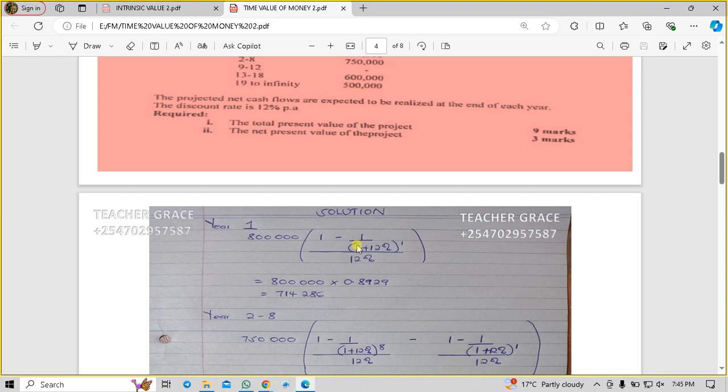Whatever you get in the brackets, you multiply by 800,000 for you to get 714,286.